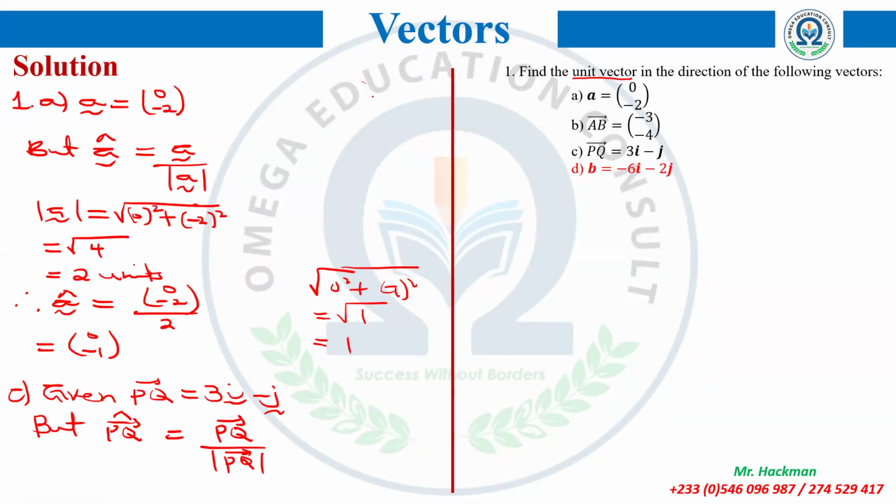So the magnitude of vector PQ will be equal to root of 3 squared plus minus 1 squared. Do you agree? Because it will always be x squared, then y squared, since this is xi plus yj. So your y will be minus 1.